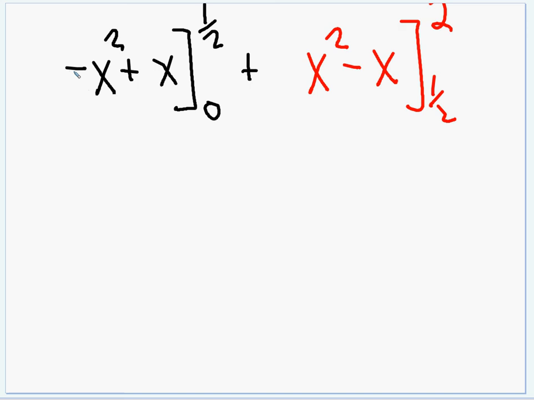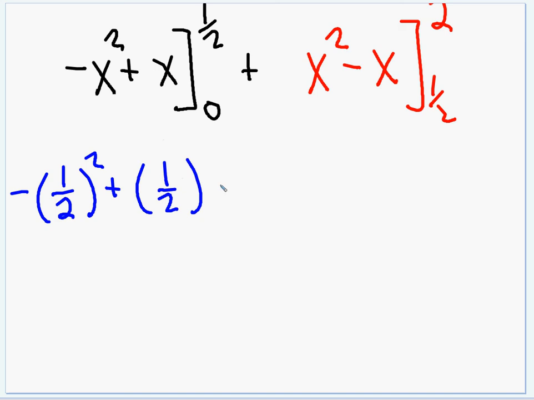So let's see here. First, we've got a negative x squared plus x, and then the half is going to jump in. Notice that negative is outside the brackets. That will not get squared away. So we've got a half in there, and we've got a half there. Now we're going to minus, as a quantity, 0 jumps in, so that's just going to be 0 squared plus 0. 0 plus 0.